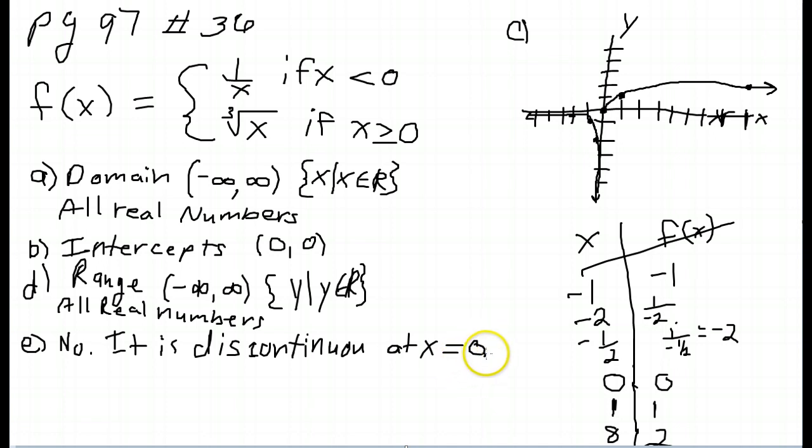And there we have it. A piecewise function, and we have found the domain, the range, the intercepts, points of discontinuity, and we've drawn the graph.